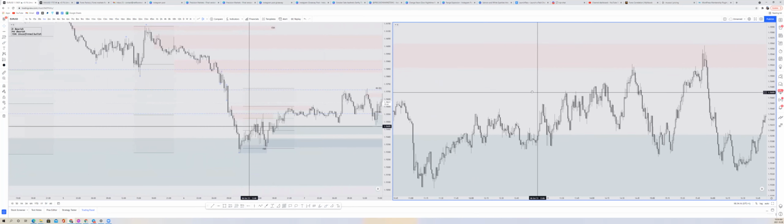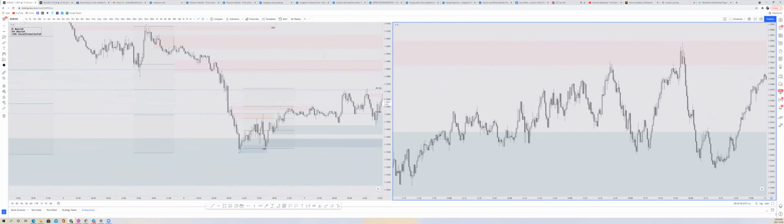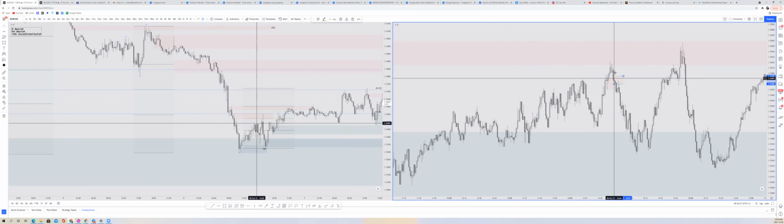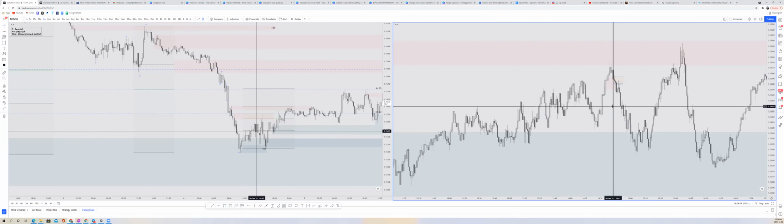Okay, so this one here, pretty straightforward. We didn't have much of an interaction here. I think this one I ended up finding on the seconds, and ultimately it was this little doji. But you would look at this and you wouldn't be sure if you had a reaction point or not.